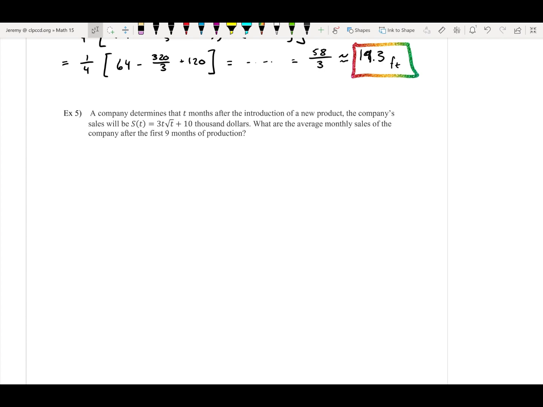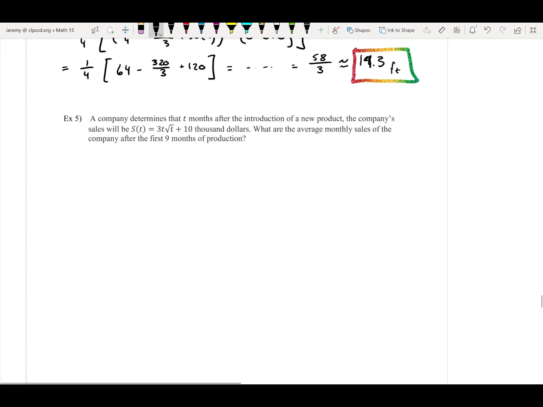All right. So we're looking for a couple things. We want to know what's the function we're working with, what's the interval we're looking over, and we're going to use that average value function because we're being asked for average monthly sales. And t is given in terms of months, so average monthly is going to be easy to find.